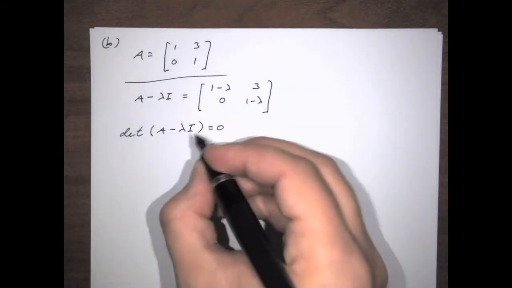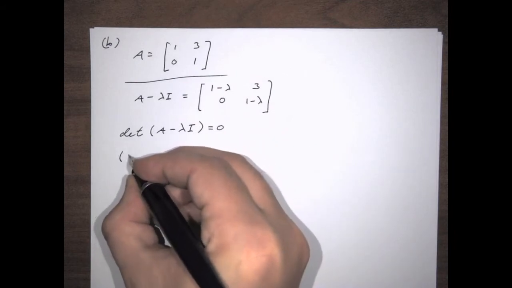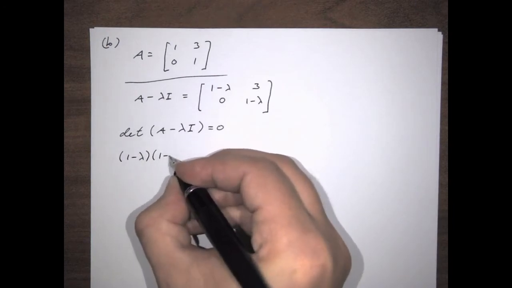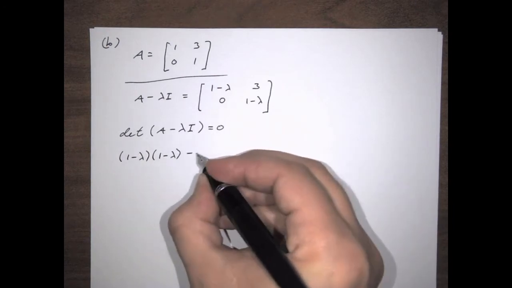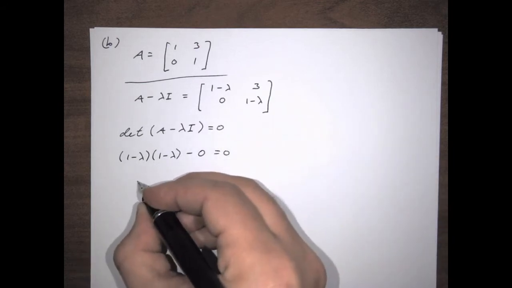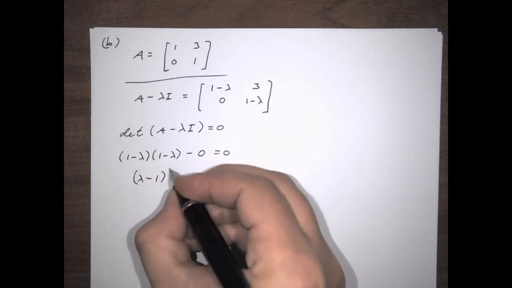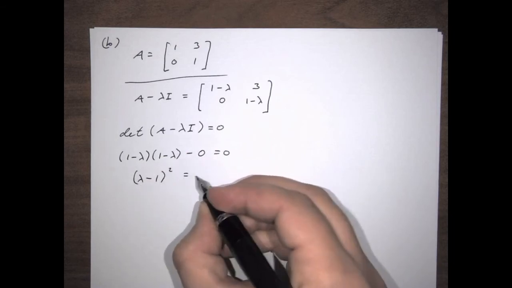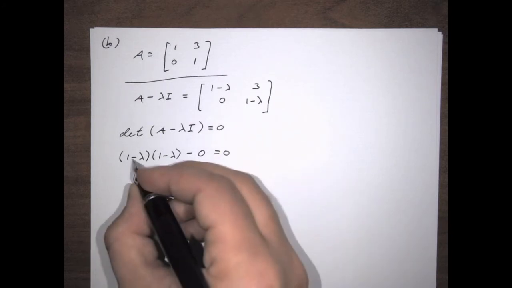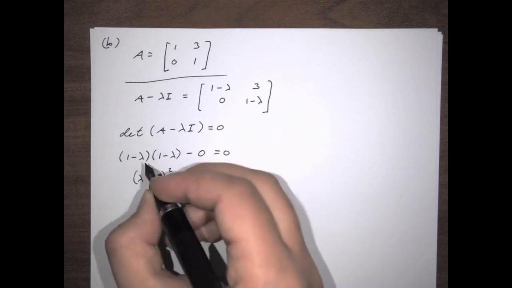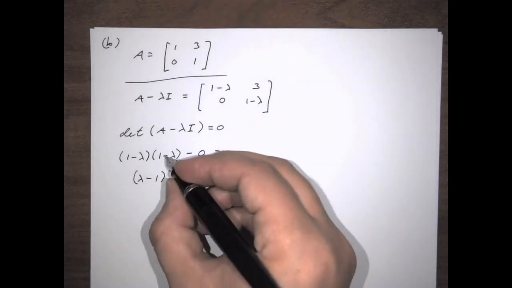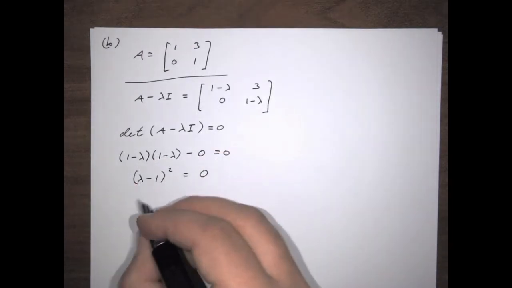which then means we would be talking about 1 minus lambda times 1 minus lambda minus 0 equals 0. And this is going to give us lambda minus 1 squared equals 0, because I could basically pull out a negative 1 from each of these, and that will then cancel out, and that will leave us here.